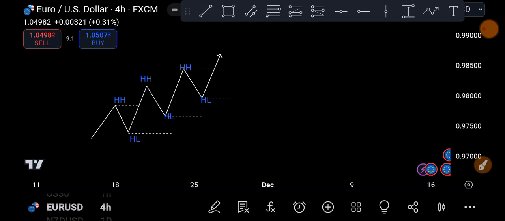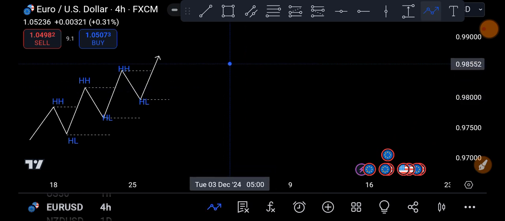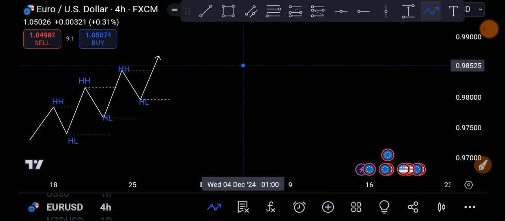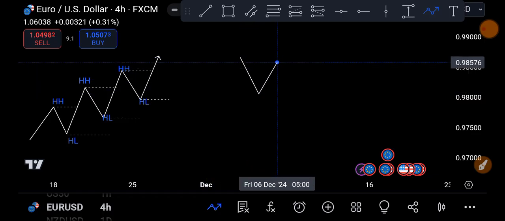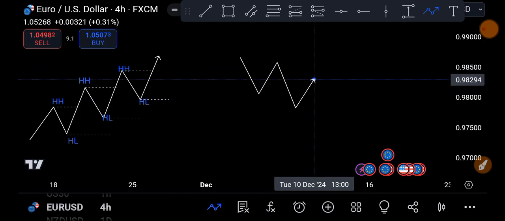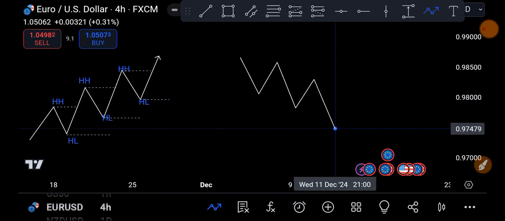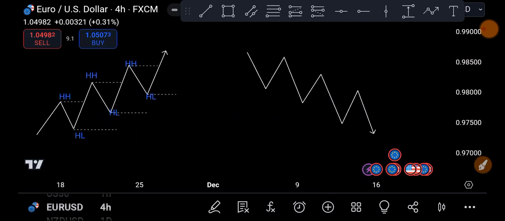And the same thing applies to a downtrend. So we have this: a lower low, a lower high, a lower low, lower high, another lower low. All right.